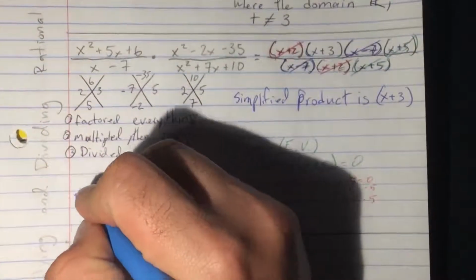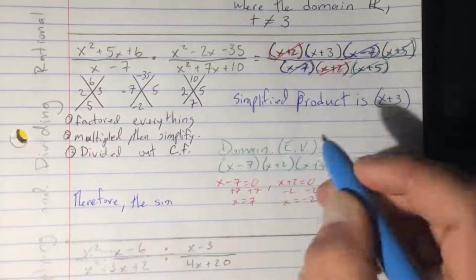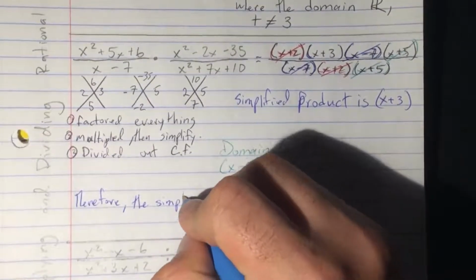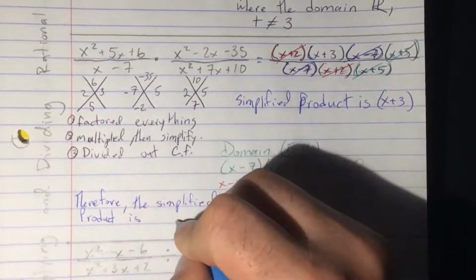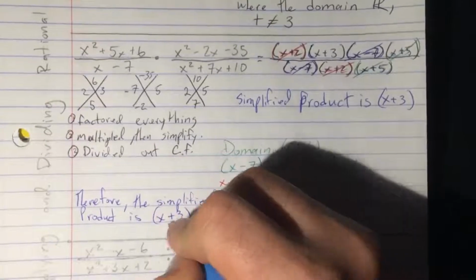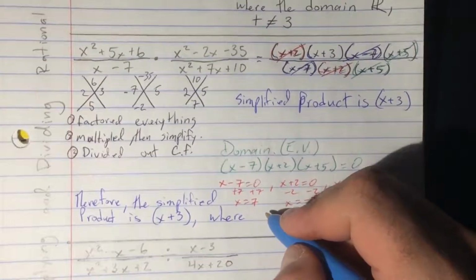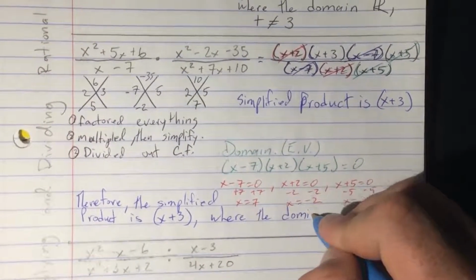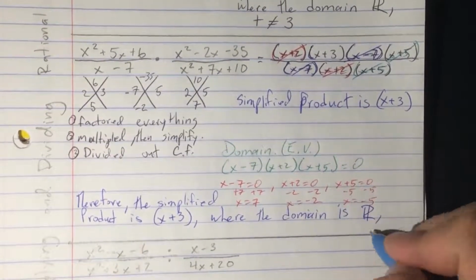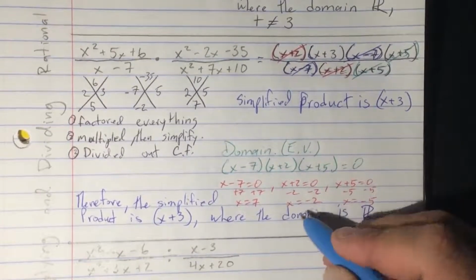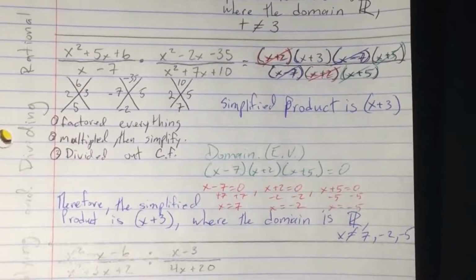So therefore, the simplified form, or simplified product, is x plus 3, where the domain is all real numbers except x cannot be 7, -2, and -5. So as you can see, you probably can see it anyways.